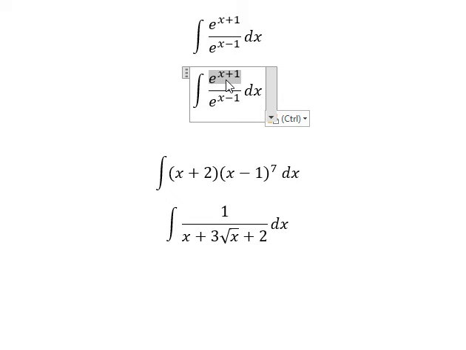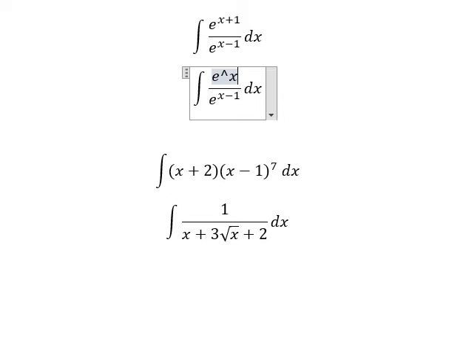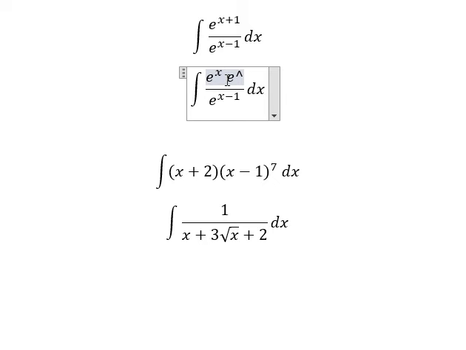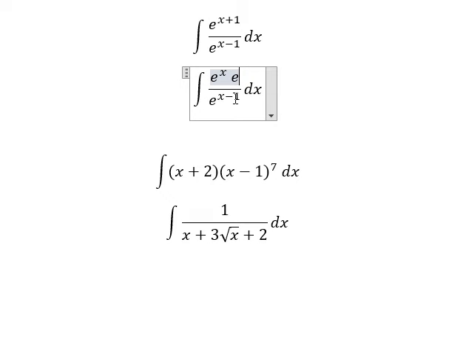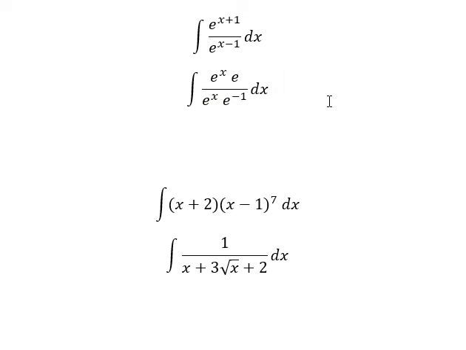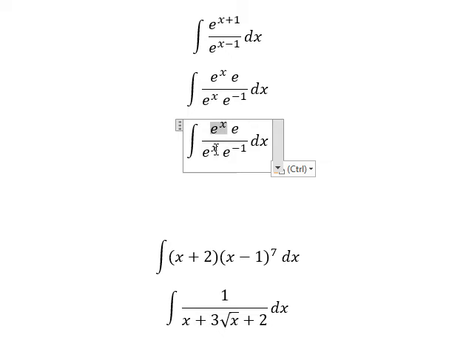This one we can put e to the power of s multiplied by e, because e is e to the power of 1. This one we have e to the power of s and e to the power of negative 1. And now we simplify.